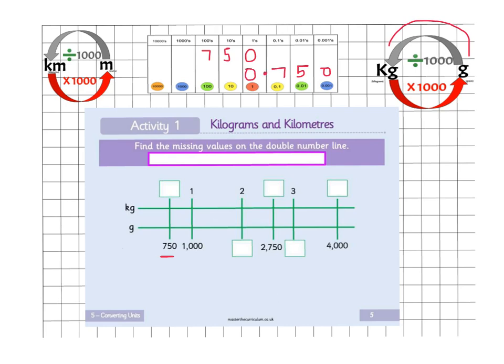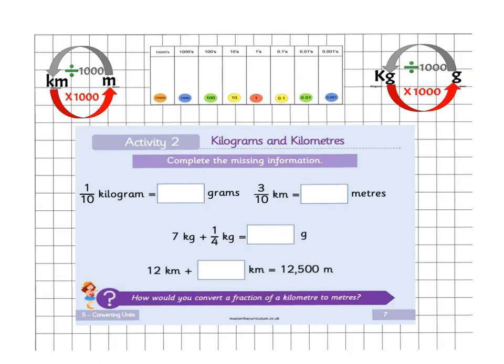So we would have there 0.75. I could put the 0 in for the thousandths, but I don't need to. 0.75 kg. Okay, kilograms to grams, I think you've got the idea, would be 2,000. Grams to kilograms, divide by 1,000, so that would be 2.75. 3 times 1,000, 3,000. And 4,000 divided by 1,000 is 4.